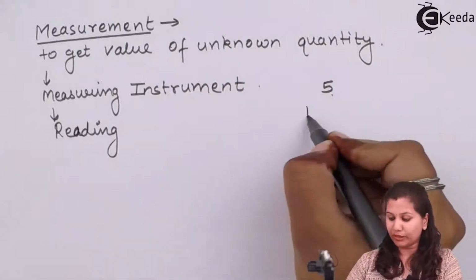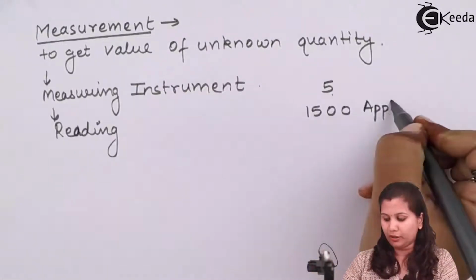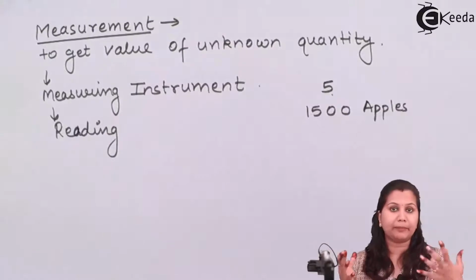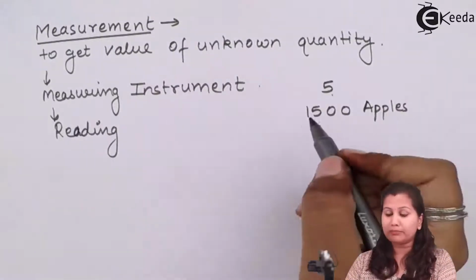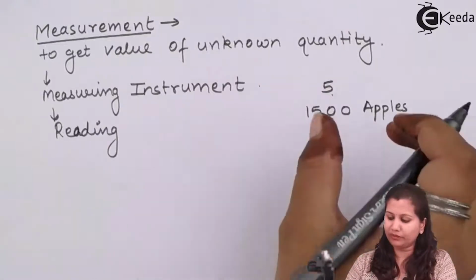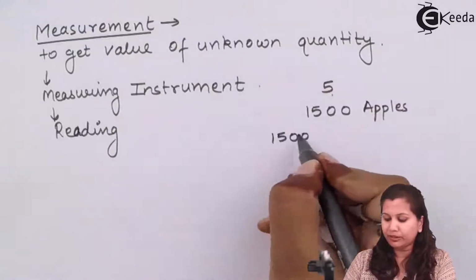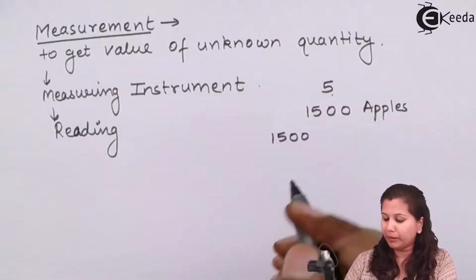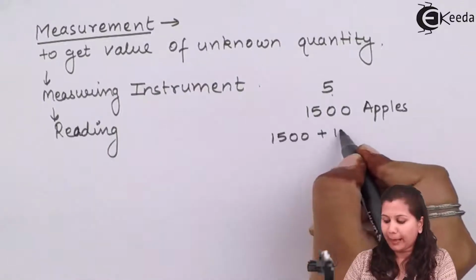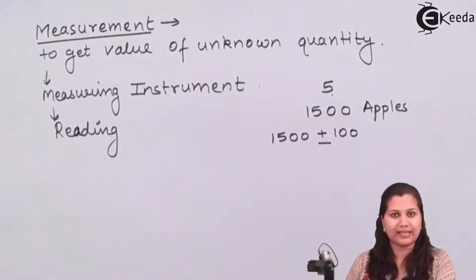Suppose we have to count 1500 apples. Now 1500 apples is a big amount, so it may be possible that we are not able to count the actual number. We will give our result in the form that we have counted 1500 apples, but it may be possible that 100 apples are more than it, or 100 apples are less than it.